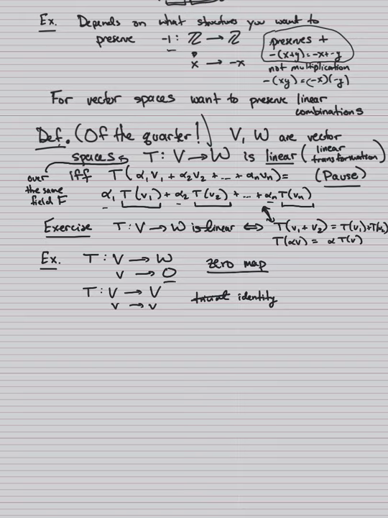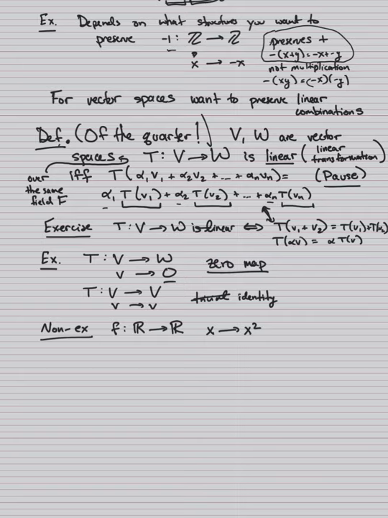Again, we see non-examples, something like, I mean, anything which will end up being a quadratic is going to end up not being good. So x to x squared is not a good example.